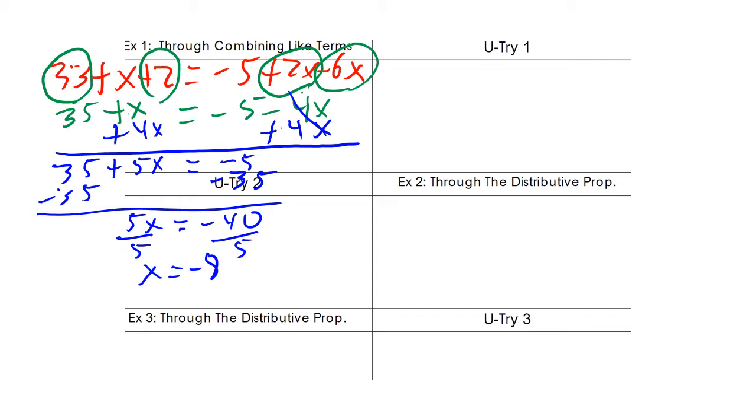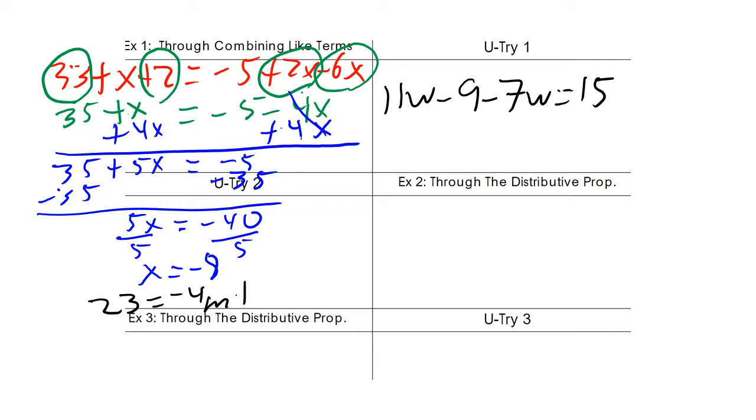All right, so here is your you try. Number 1 is 11w minus 9 minus 7w equals 15. You try number 2, 23 equals negative 4m plus 2 plus m.